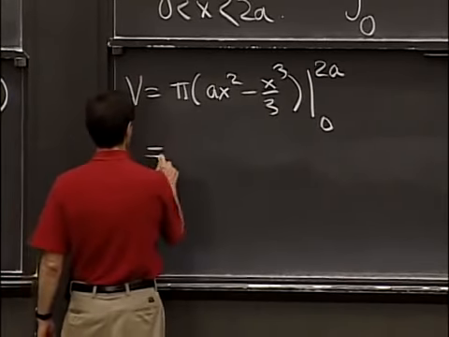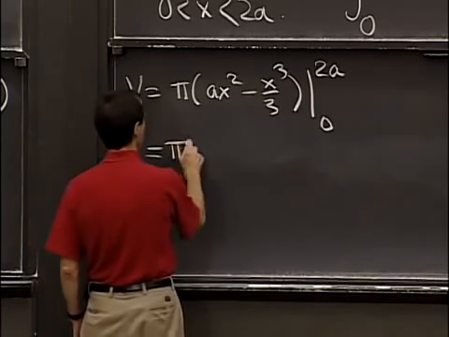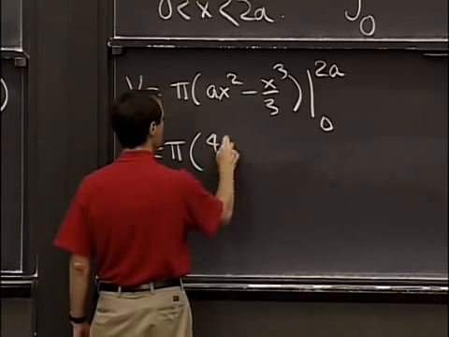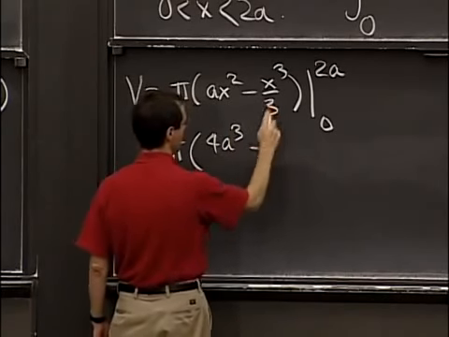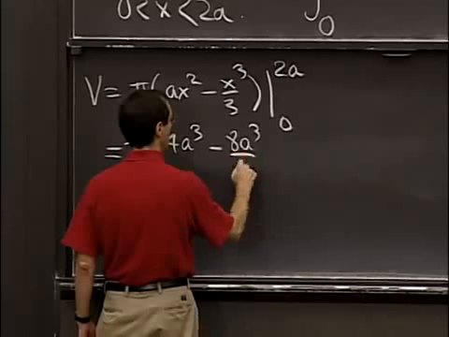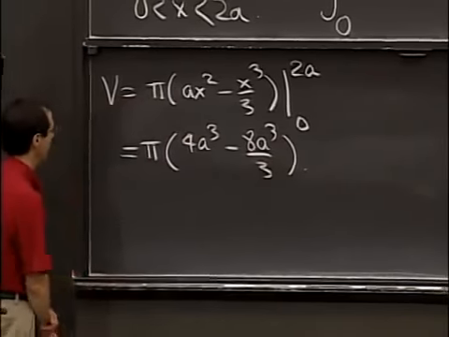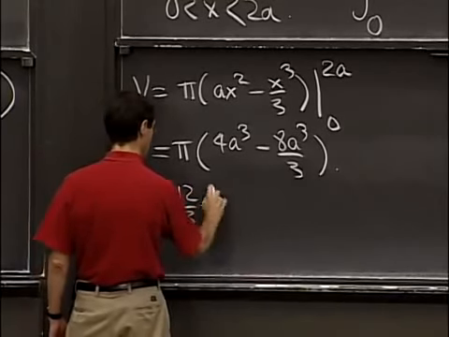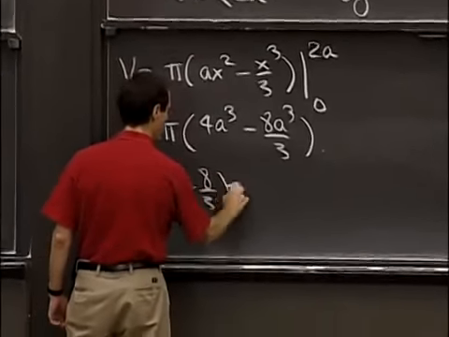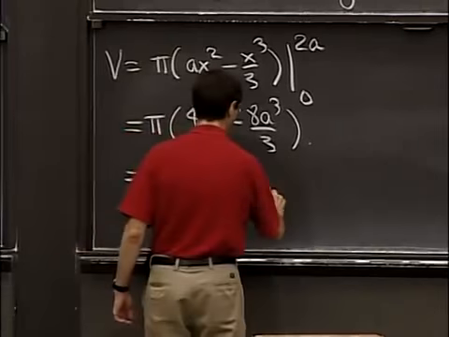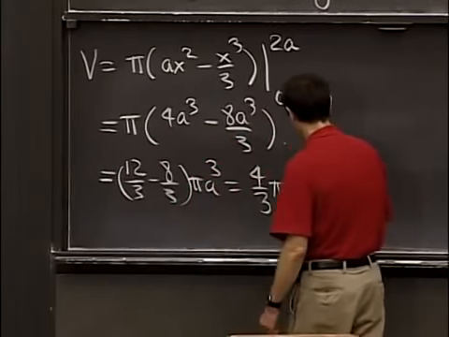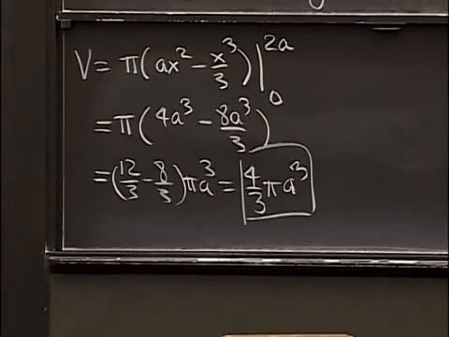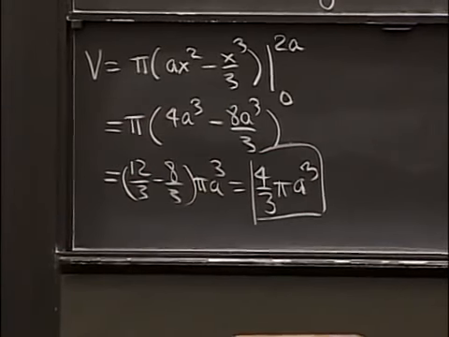And that is equal to pi times, let's see, 2 squared is 4, so this is 4a cubed minus 8a cubed over 3, right? And so all told, that is 12 thirds minus 8 thirds pi a cubed, which is a maybe familiar formula, 4 thirds pi a cubed. So it worked, we got it right.